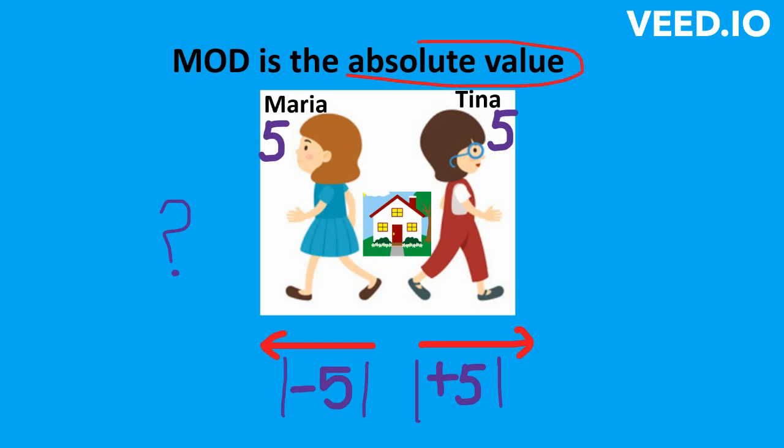Absolute value asks us to take the actual value of that number. Say in this case, we take 5 only, not plus 5 or minus 5. We don't really care about the sign in case of absolute value. Say for example we have minus 4 here, the absolute value mod of minus 4 is 4.